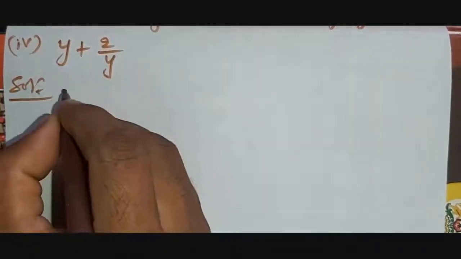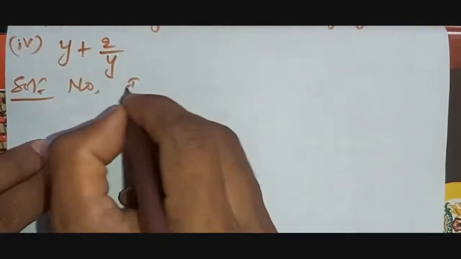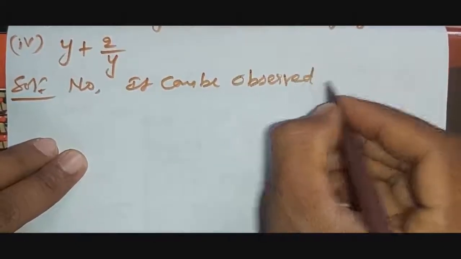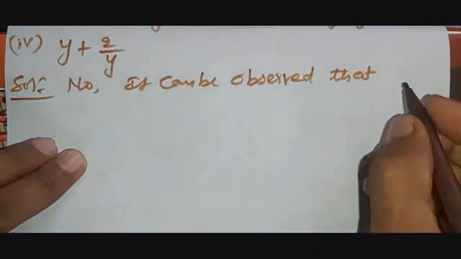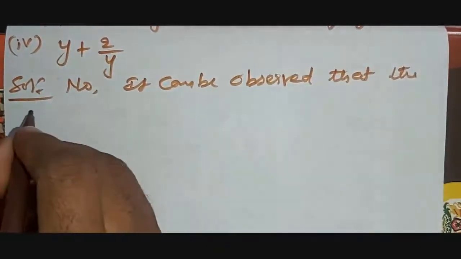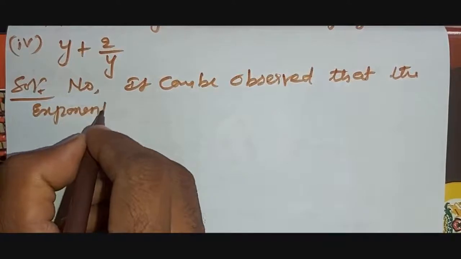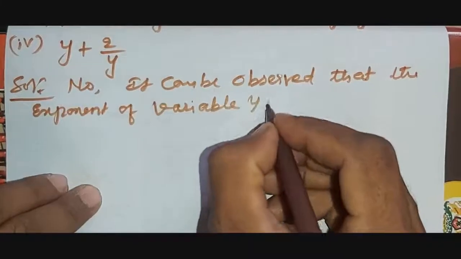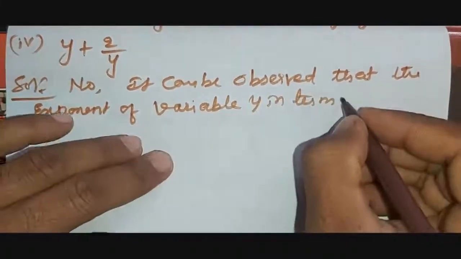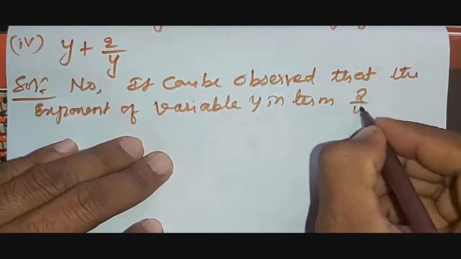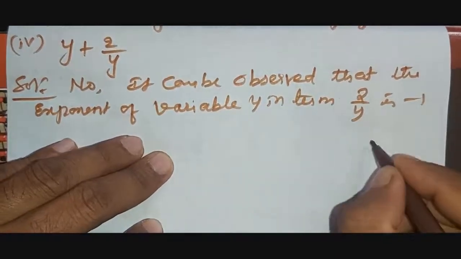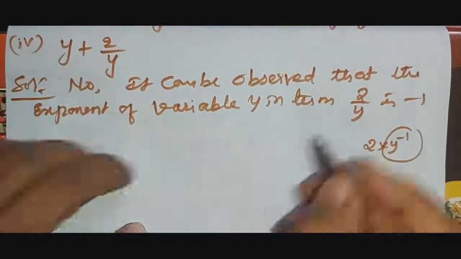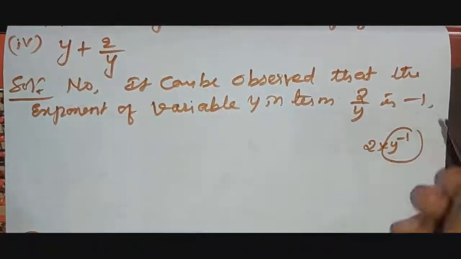Okay, fourth one, y plus 2 by y. This answer is also no. It can be observed that the exponent of variable y in the term 2 by y is minus 1, because 2 into y to the power of minus 1, which is not a whole number.